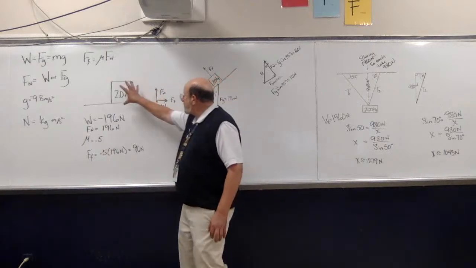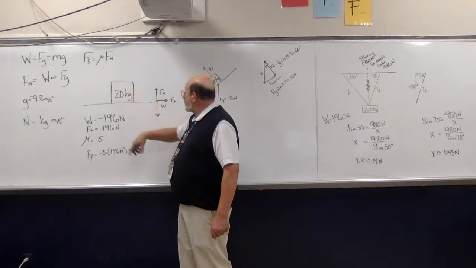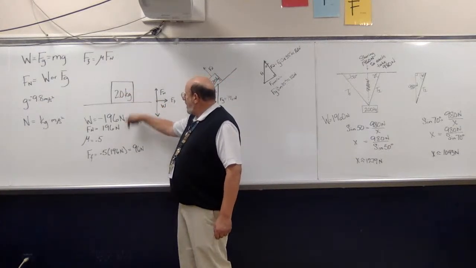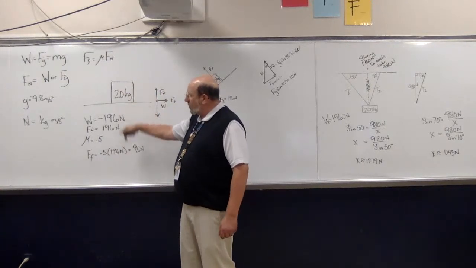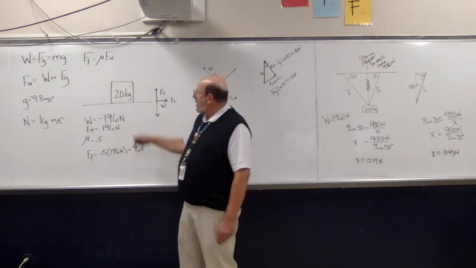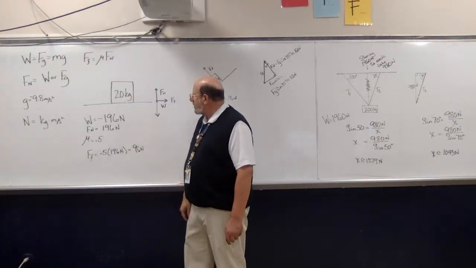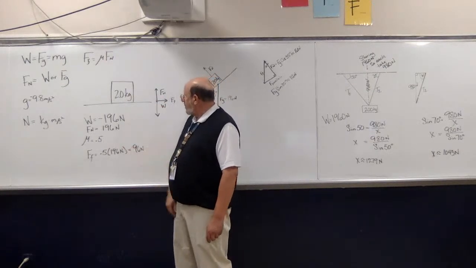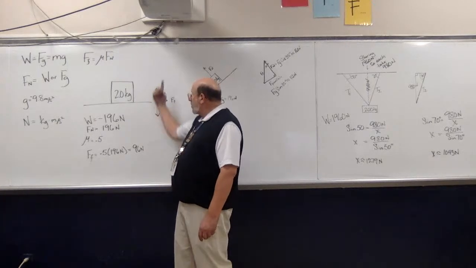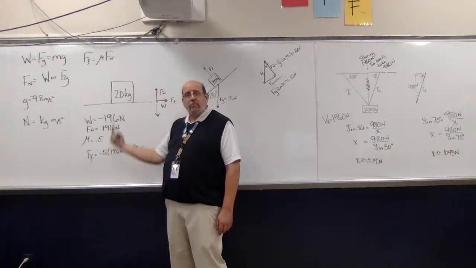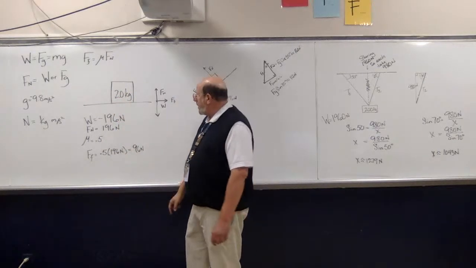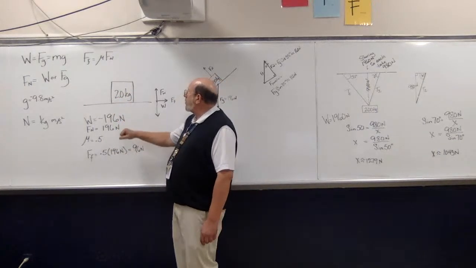So we take this object and we find out what its weight is. Well, its weight is negative 196 newtons, because we'll call down negative for now, negative 196 newtons pulling downward. The normal force is the opposite, same magnitude, 196, but it's pushing upward, right? And why do I need that normal force?